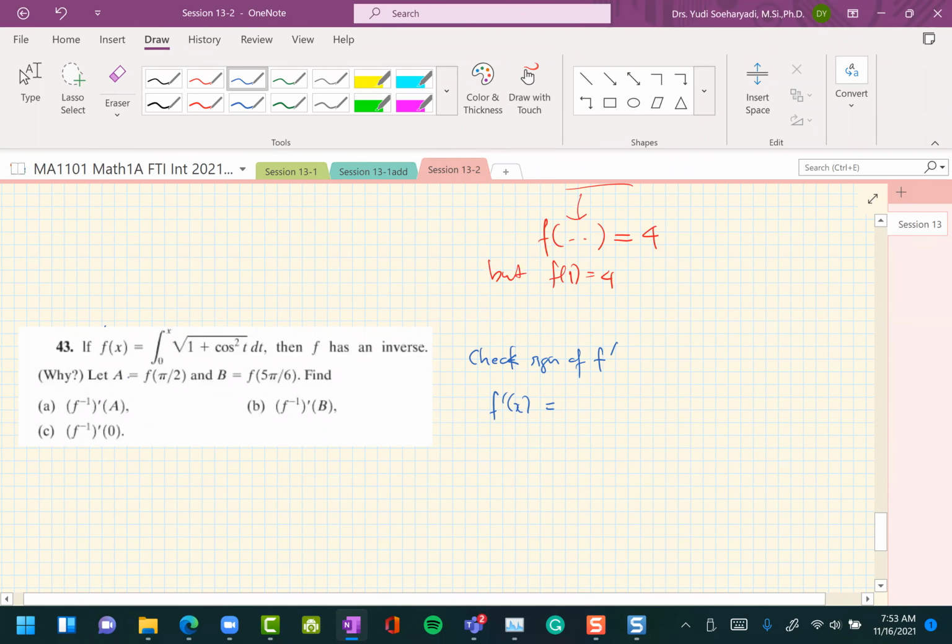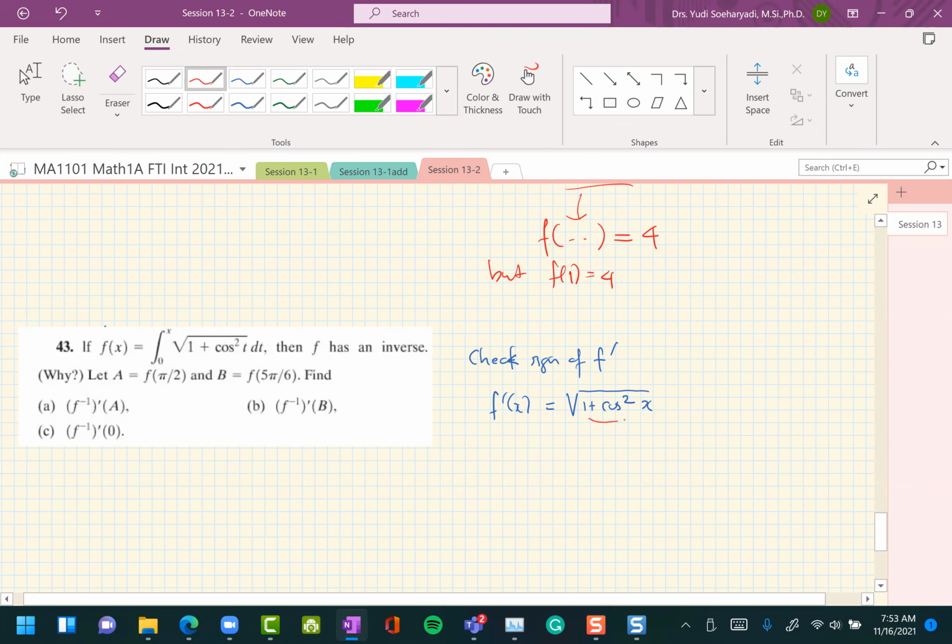So you get only this, 1 plus cosine squared. Just replace the t by x. There we go.